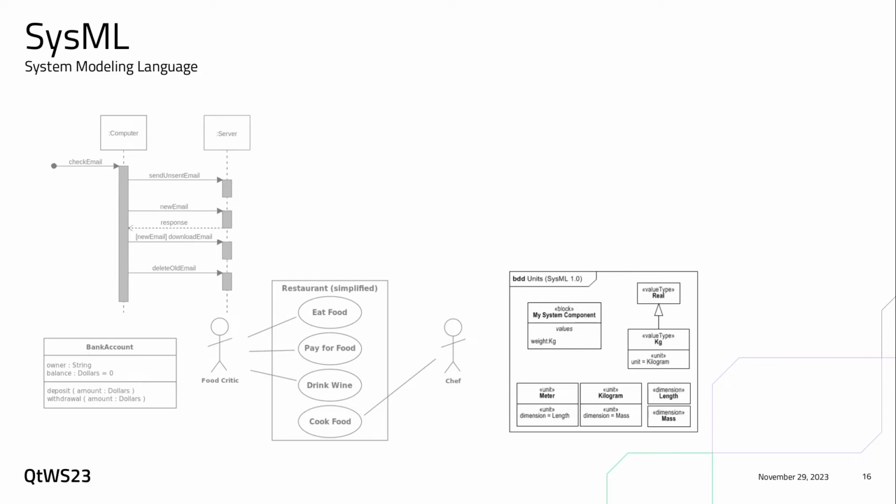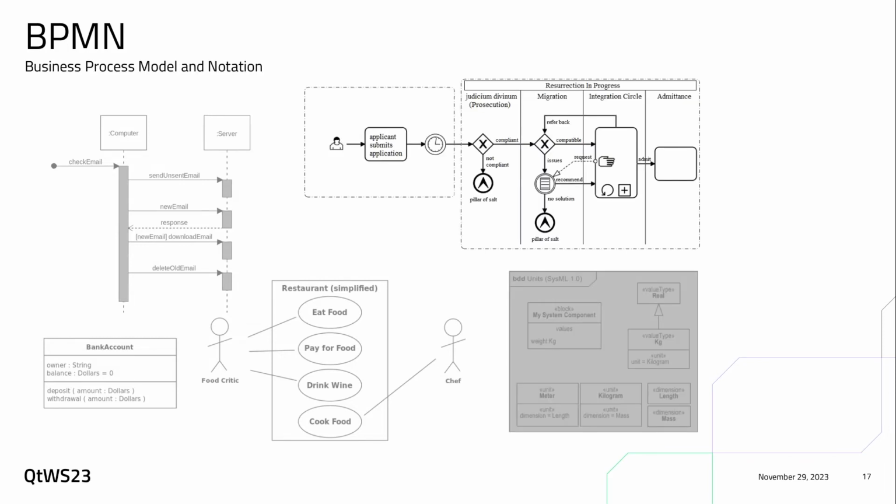But there's one third very promising and very famous modeling language. It's business process model and notation. And when it comes down to business, to sales, numbers, that's the way to go.